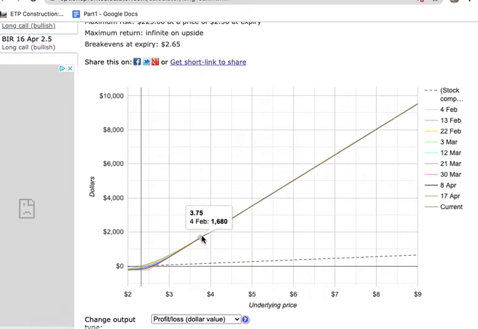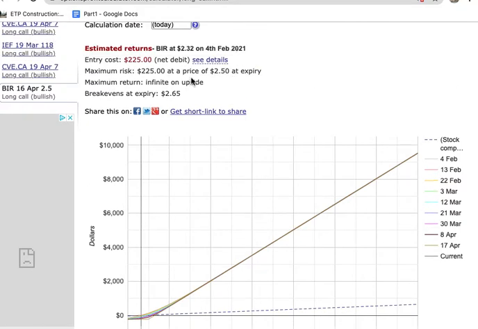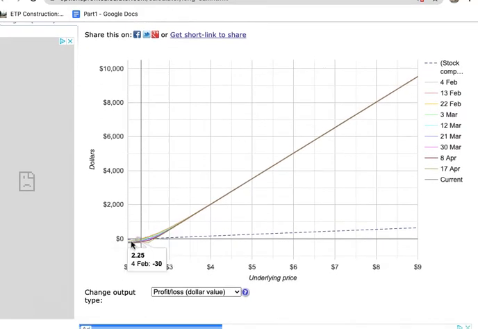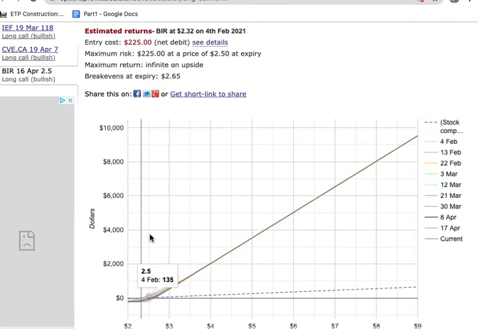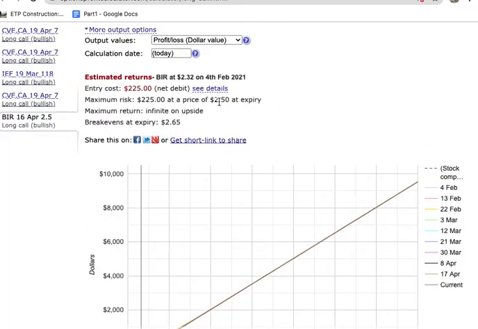Now, this comes with the risk of losing your entire investment, the $225, in the event that the price does not reach $2.50, which is known as the strike price. And that's something that you determine when you purchase the option. You also determine when it expires.